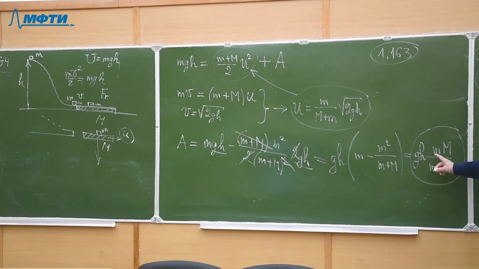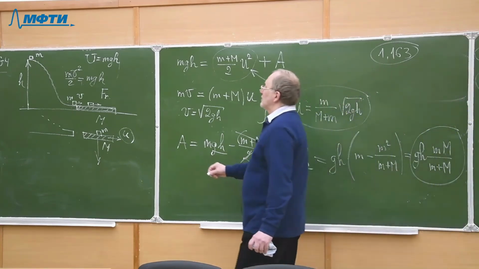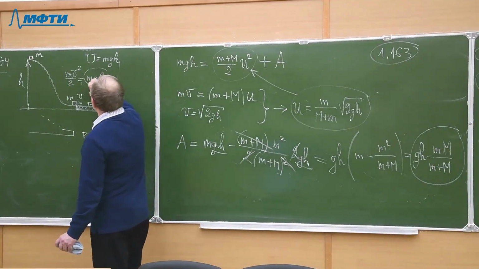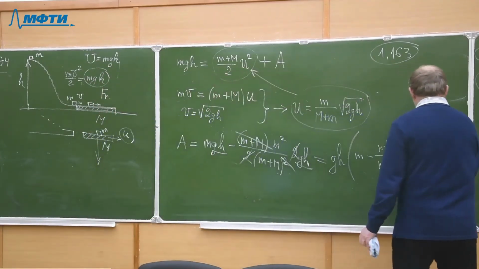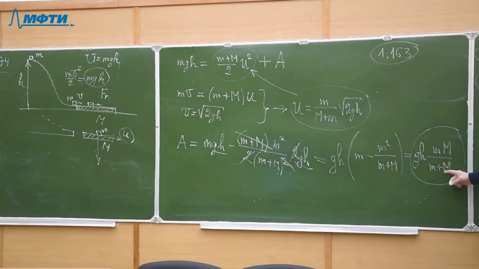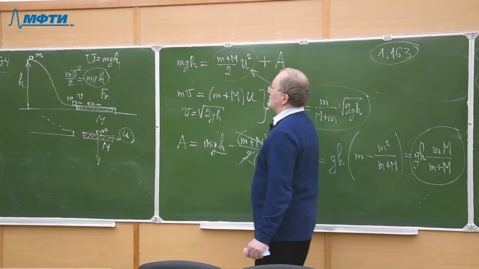And we will obtain that all the energy, mgh, all the initial potential energy of the small disk will be transferred to work against forces of friction. If capital M cancels here, when it's very large compared to small m, then this formula will give you mgh, and that is the potential energy.